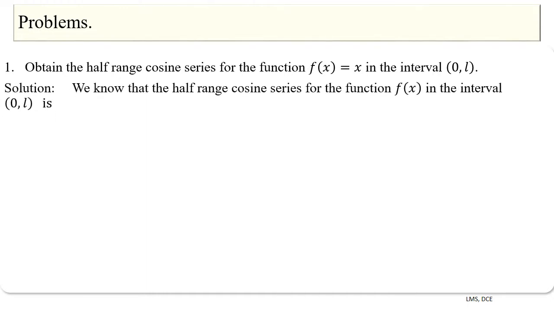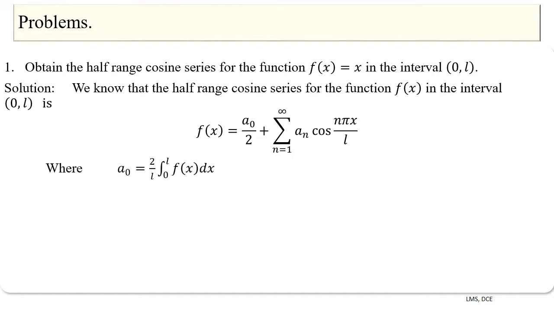We know that the half-range cosine series for the function f of x in the interval 0, l is f of x equal to a0 divided by 2 plus summation n from 1 to infinity an into cos of n pi x divided by l, where a0 is equal to 2 by l into integral 0 to l f of x into dx, and an is equal to 2 by l integral 0 to l f of x into cos of n pi x by l into dx.